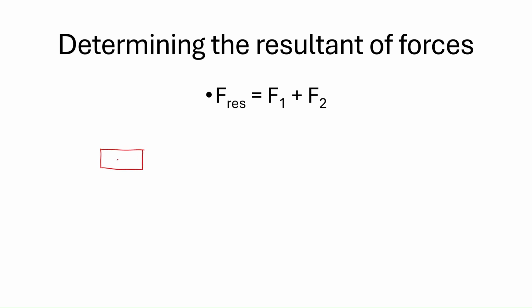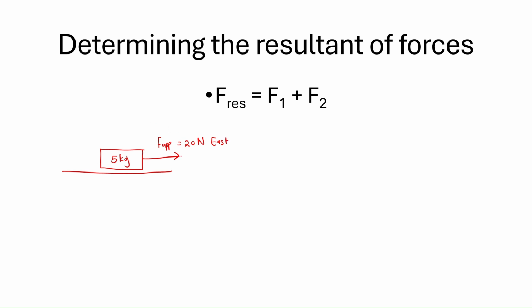I always like using a block, it's really simple. And let's say that this block has 5 kilograms of mass and it is on a surface. We have an applied force going to the right, so we have F applied, and let's give this F applied a value of 20 newtons going east.